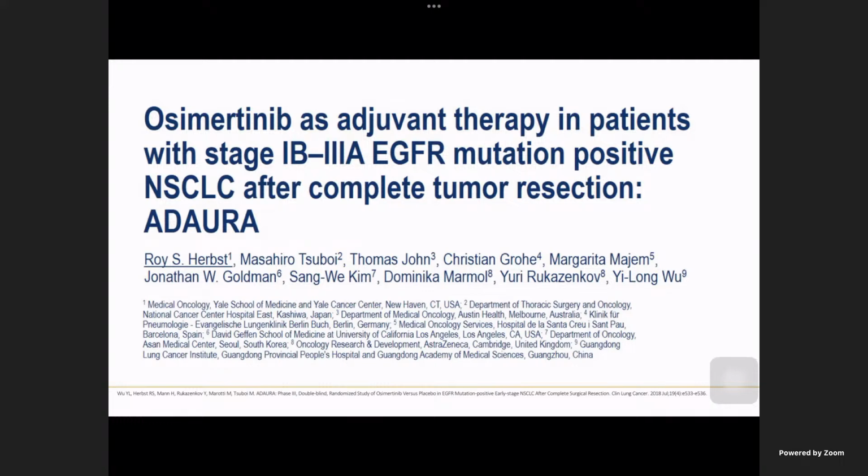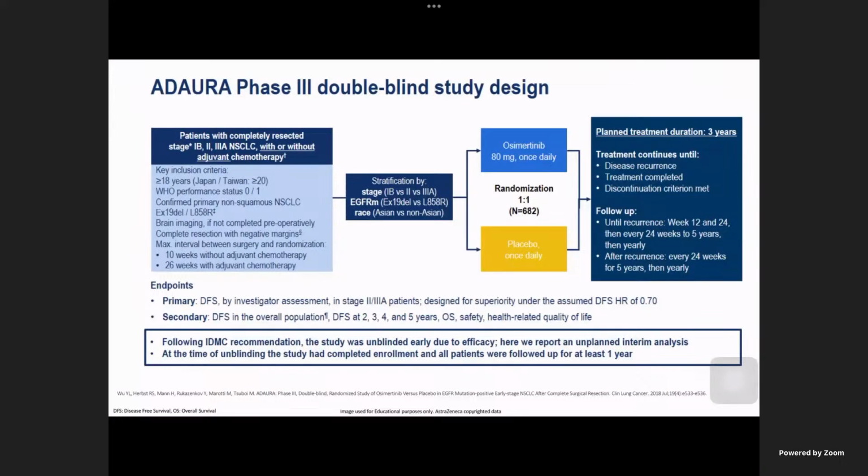So this was checked in the ADAURA trial. ADAURA was a phase 3 double-blind study, stratified according to stage, for patients who had EGFR mutation, either exon 19 deletion or L858R. They were randomized 1 to 1 to osimertinib versus placebo, and were given 3 years of adjuvant osimertinib.